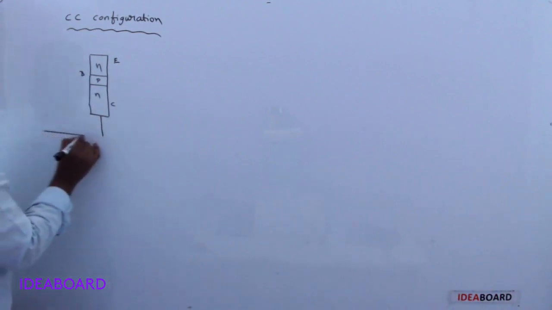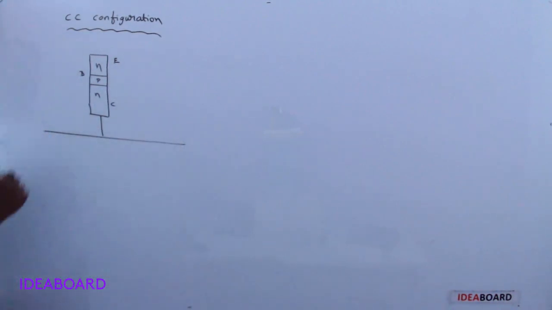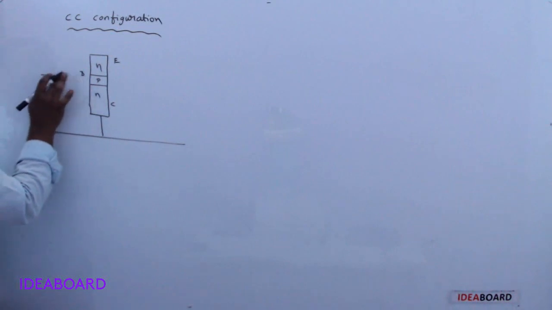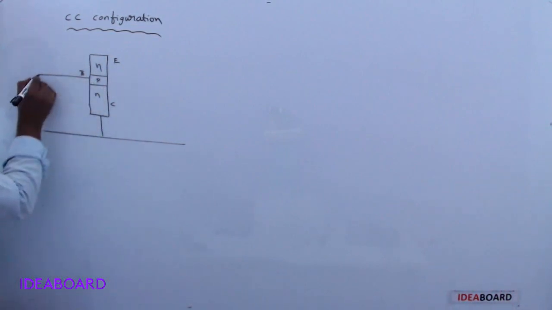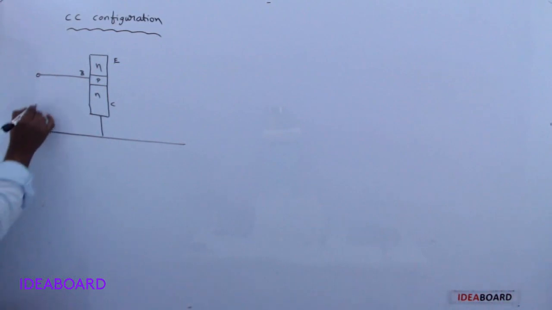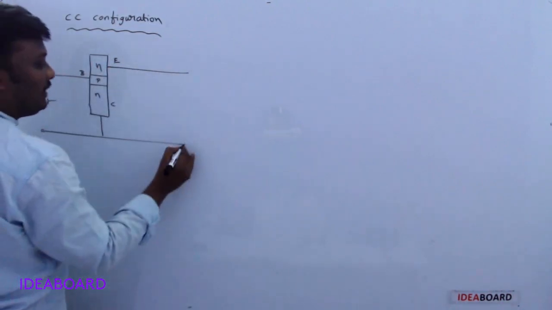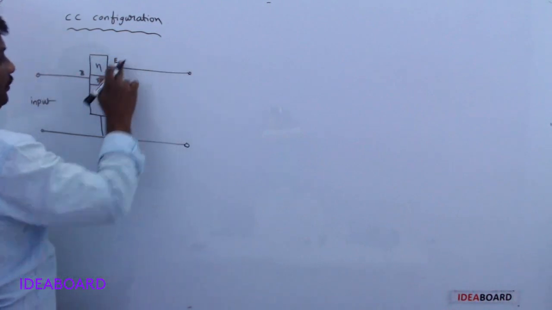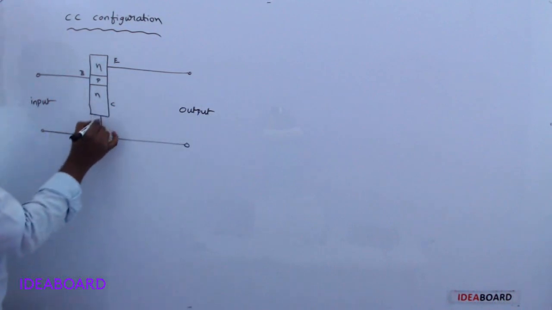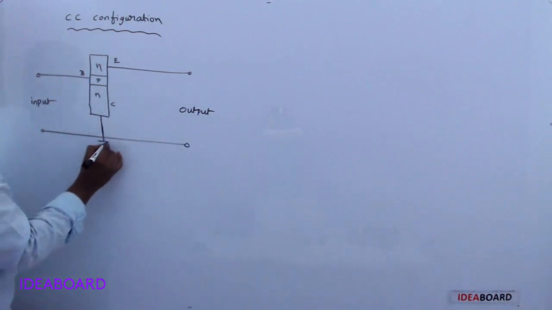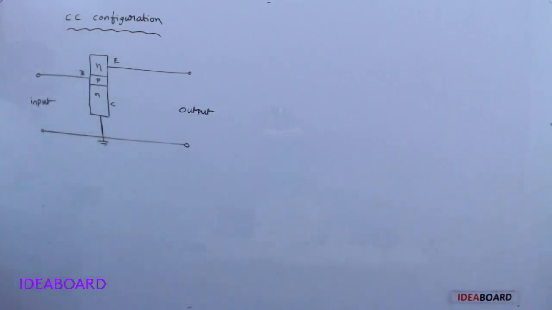Collector is common for both input and output. Input is given across base and collector. Output is taken across emitter and collector. Okay, and the collector terminal is earthed.